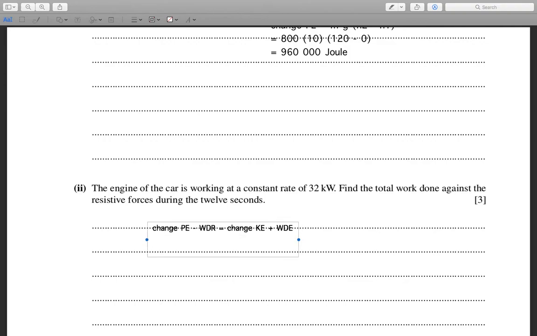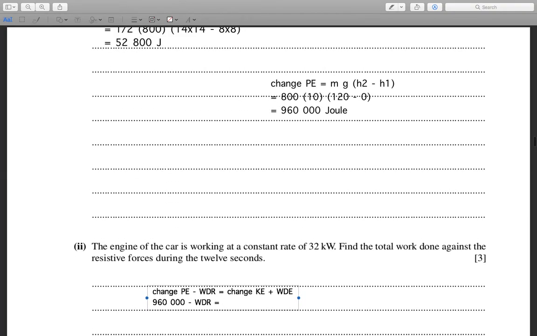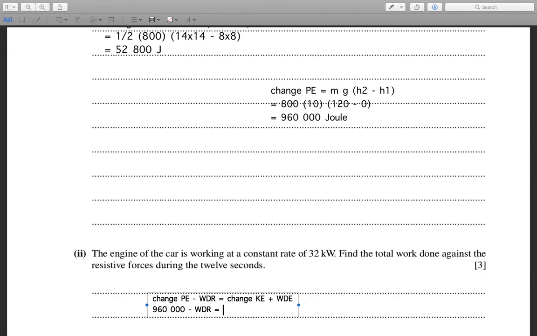The change in potential energy is 690,000. The work done by the resistive force is what we want to find. The kinetic energy change is 52 kilojoule, plus the work done by the engine force.